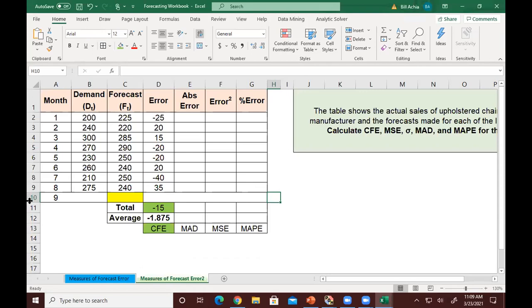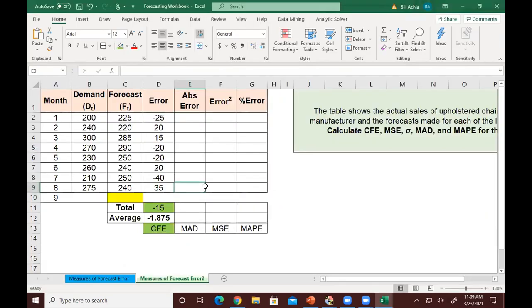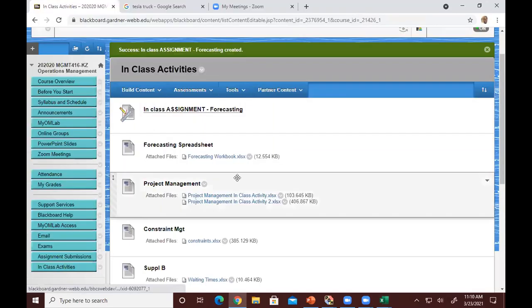Before you submit, I'm going to walk through the rest of the questions. Actually, let me make this easier. If you could please walk through the mean square error and the mean absolute percentage error.